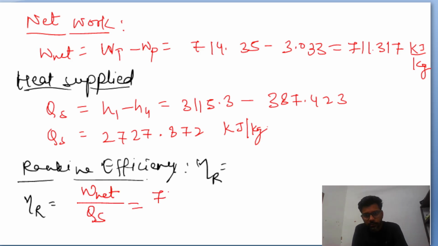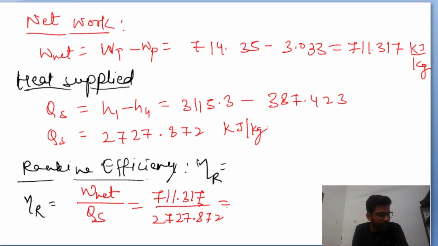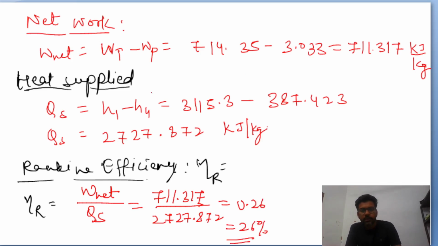So net work is 711.317 divided by 2727.872. So this is 0.26, or 26%. So this is the efficiency of the Rankine cycle.